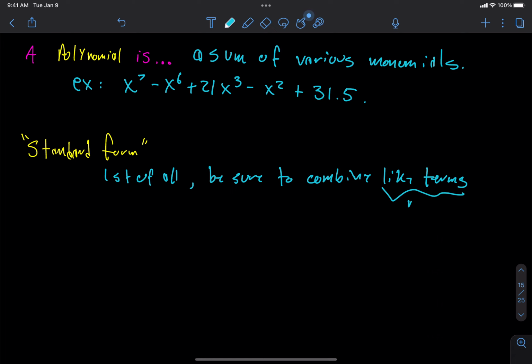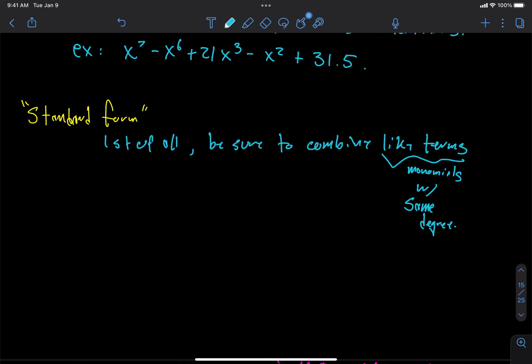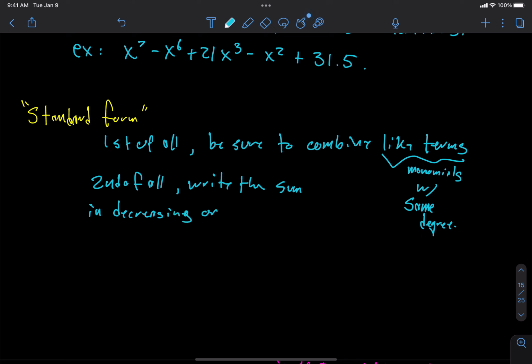I mean monomials with the same degree. And second of all, write the sum in decreasing order of degrees.